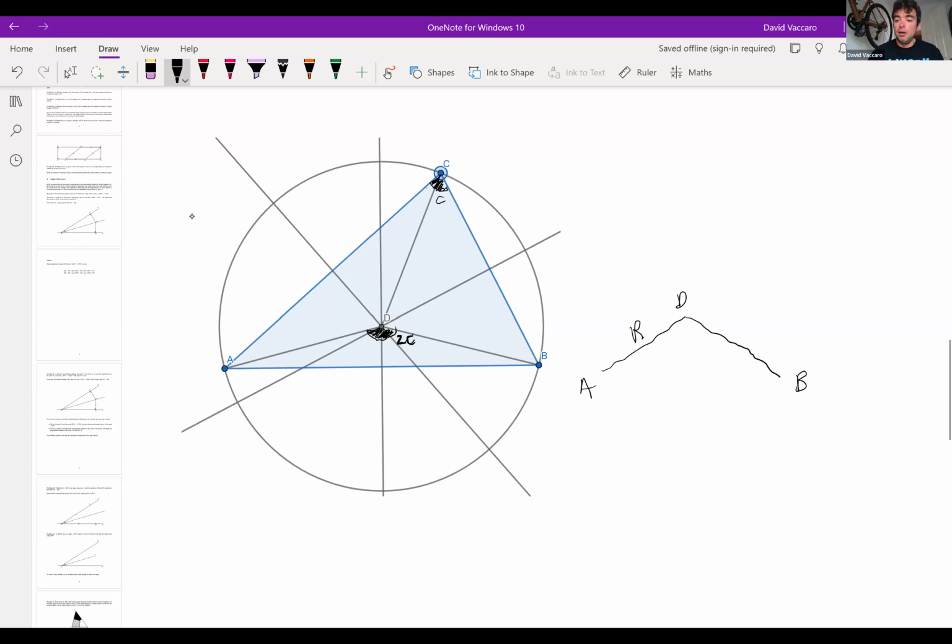AD is R, DB is R. So this is what type of triangle? Well, this is clearly an isosceles triangle. What we also know is that D, because it's equidistant from A and B, lies on the perpendicular bisector.